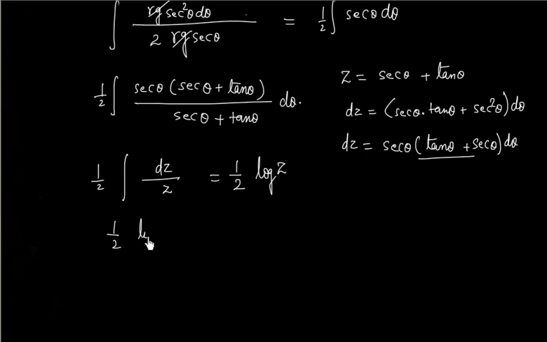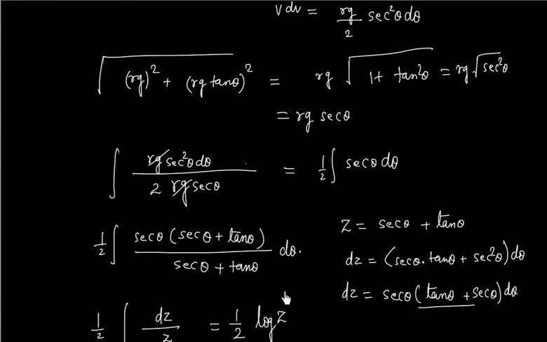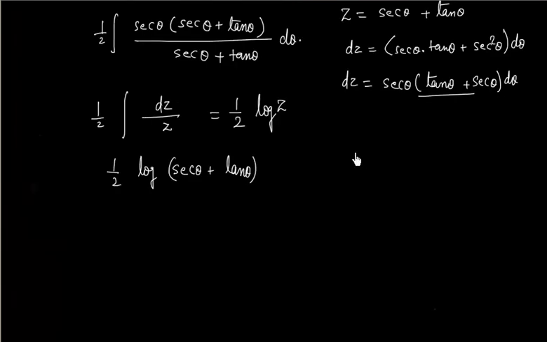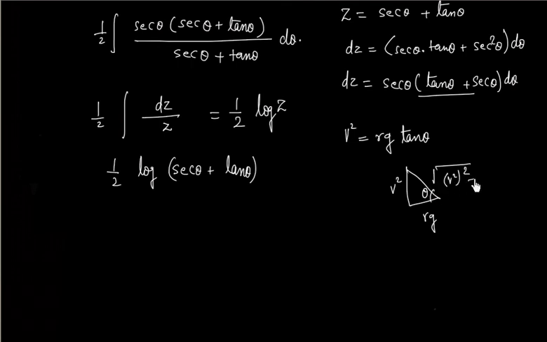Now we can change the variables. Z is equal to sec theta plus tan theta, and we have tan theta, so we have v square is equal to rg tan theta. So this is v square, this is rg, so this is v square whole square plus rg whole square.